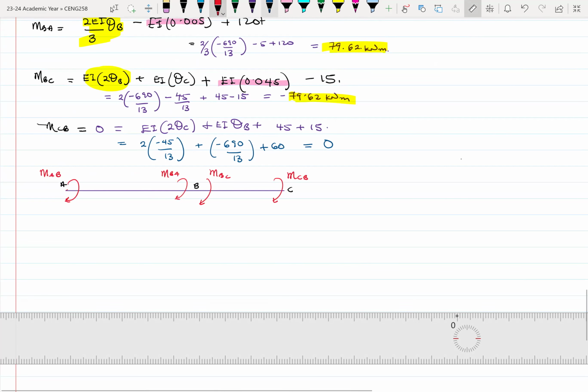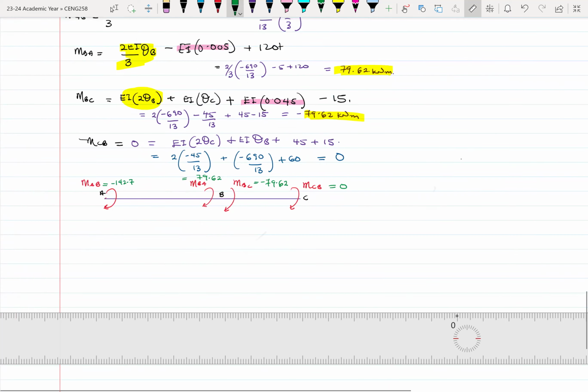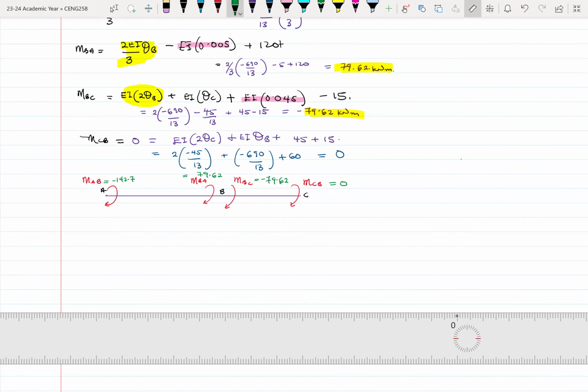These are the answers. This is 0, and this one we got minus 142.7, and here we got 79.62, and here we got minus 79.62. So these are the moments, all right?